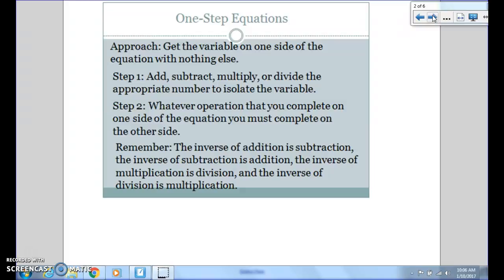Because these are just one-step equations, although you may be able to do these in your head with mental math, they're not always going to be one-step equations. In fact, they're going to get harder and harder until you'll actually be able to do some pretty impressive things with algebra.